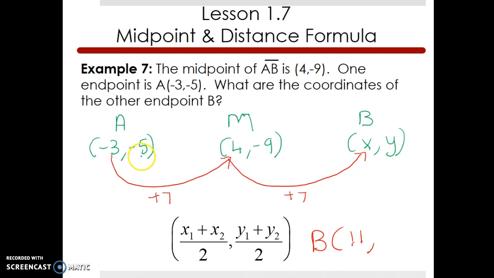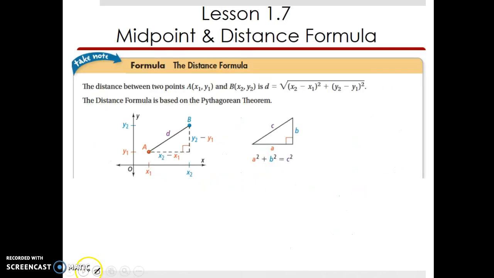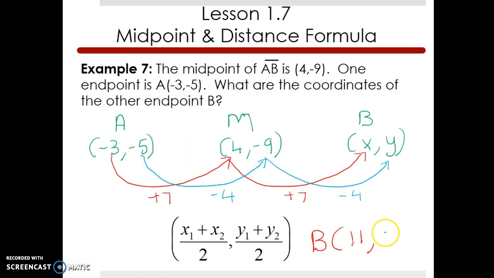Same thing over here. We're going to do the Y's. From negative 5 to negative 9, you subtracted 4. So negative 9 minus 4 should give you negative 13. And that's your point.